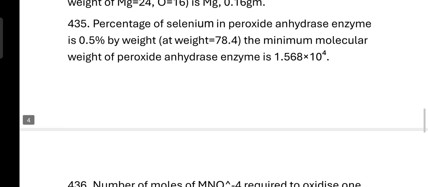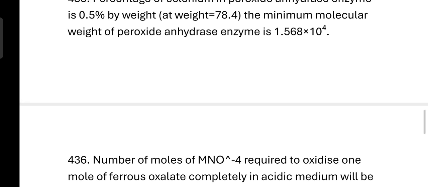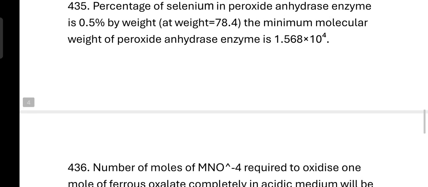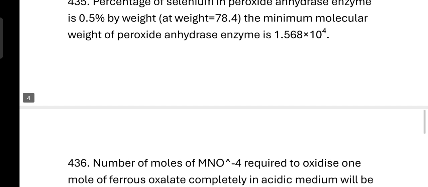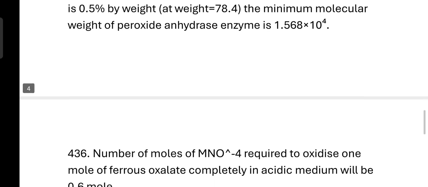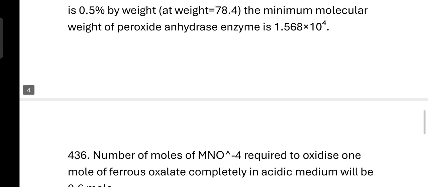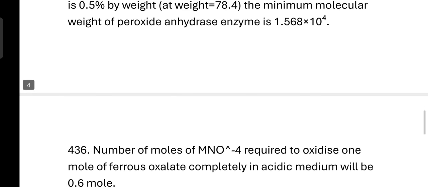The percentage of selenium in peroxidase anhydrous enzyme is 0.5% by weight. At weight 78.4, the maximum molecular weight of peroxidase anhydrous enzyme is 1.568 × 10^4.